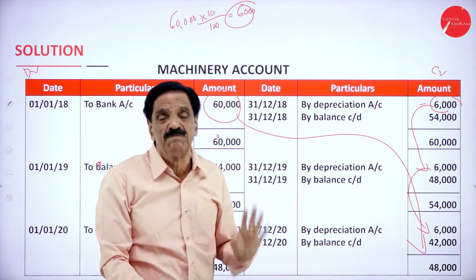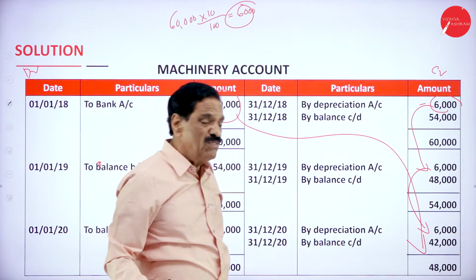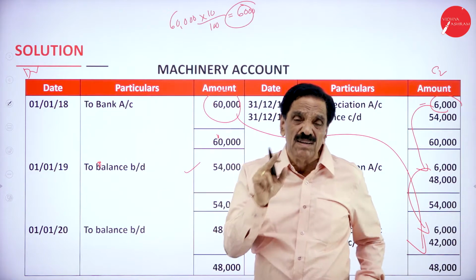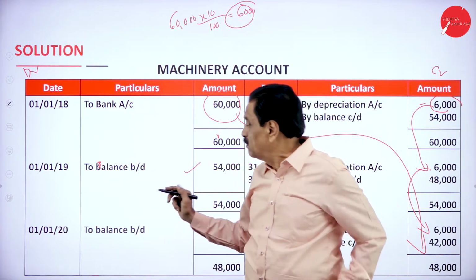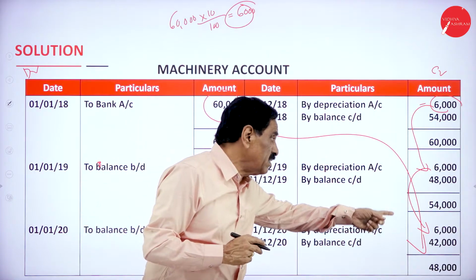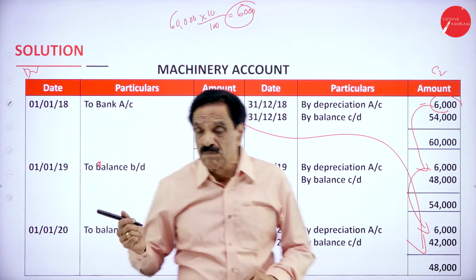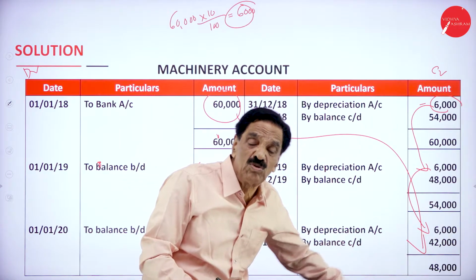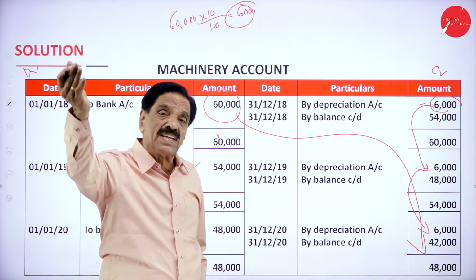I think you can follow. Easy now: to bank, cost of machinery, by depreciation 6,000, balance 54,000, brought down 54,000, by depreciation 6,000, balance 48,000, brought down 48,000, by depreciation 6,000, balance 42,000. That is the opening balance for the next year.